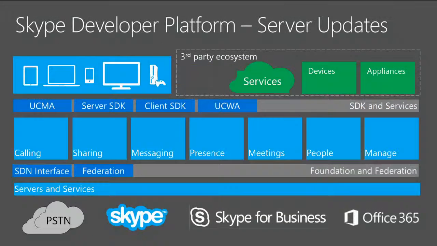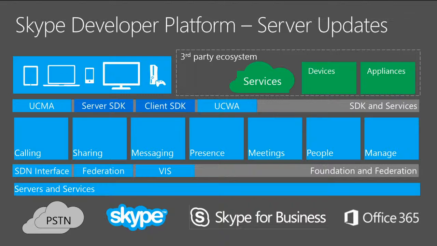So if I show you now as next what we actually have on the Skype for Business, Skype Developer Platform, then you can see we have UCWA, we have the Server SDK, the Client SDK. So we have a lot of things from 2013 still in Skype for Business and the Skype Developer Platform. And if I carve out the new things that we have, then basically you can see from dark blue, the Lync 2013 color, into the Skype color.